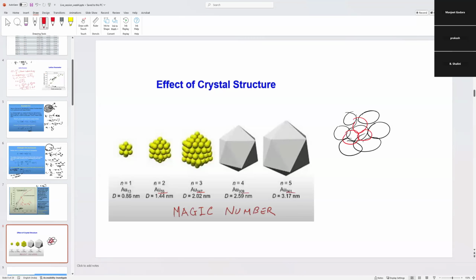So there are three atoms sitting this way, and similarly, three atoms are sitting below this plane.